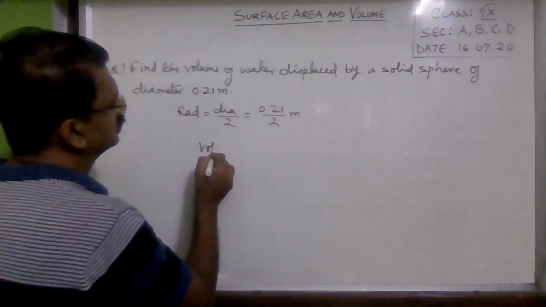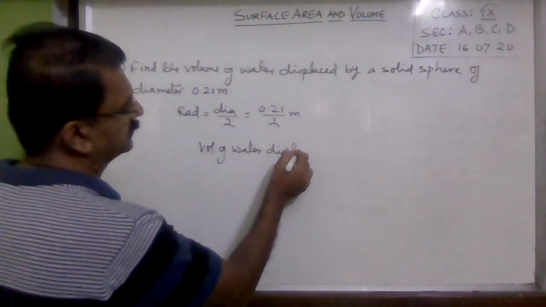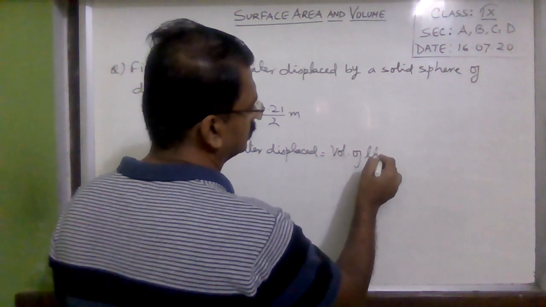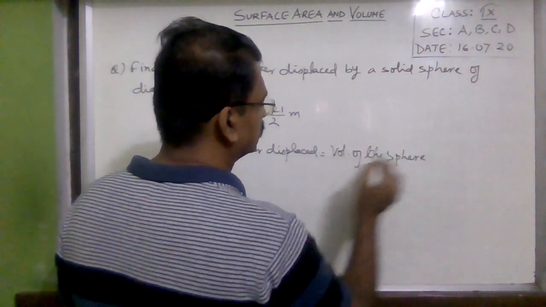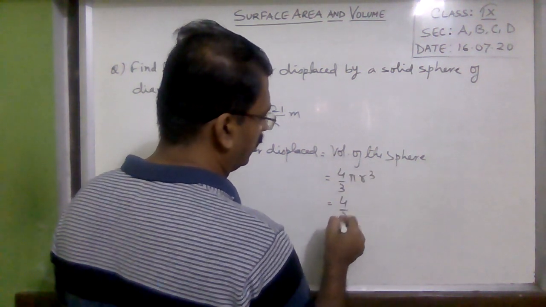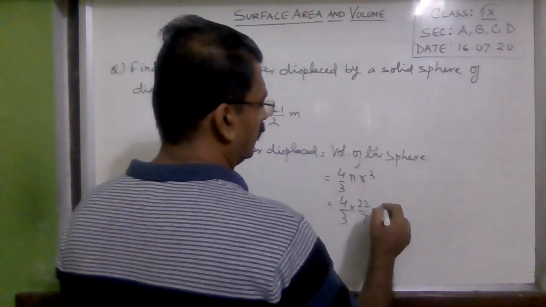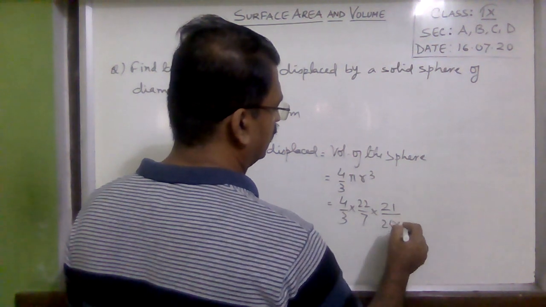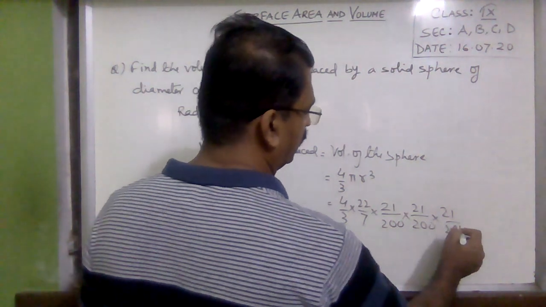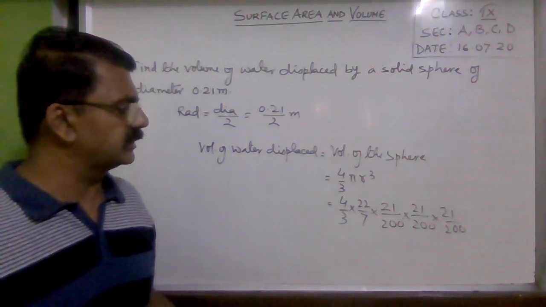So volume of water displaced will be equal to volume of the sphere, which is equal to 4 by 3 pi r cube, which is equal to 4 by 3, 22 by 7, and the r is 21 upon 200 into 21 upon 200 into 21 upon 200, because if you remove the decimal there will be a 100 in the denominator, so it is 21 upon 200.